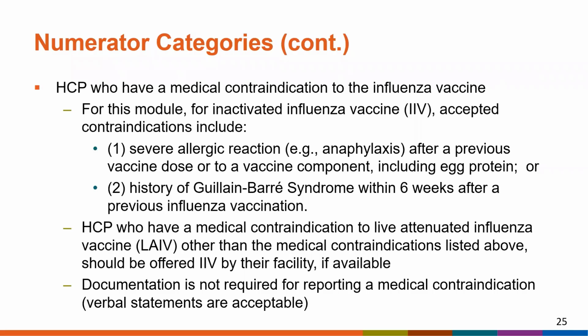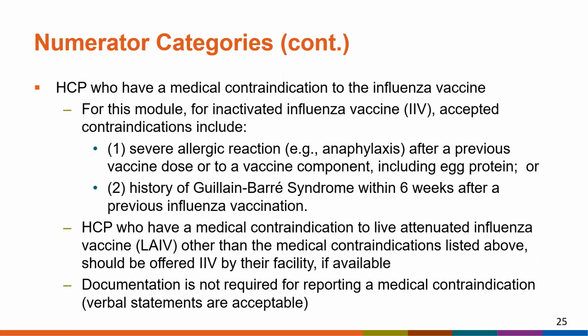The second numerator category is healthcare personnel who have a medical contraindication to the influenza vaccine. For this measure, for inactivated influenza vaccine, accepted contraindications include a severe allergic reaction after a previous vaccine dose or to a vaccine component, including egg protein, or a history of GBS within 6 weeks after a previous influenza vaccination.